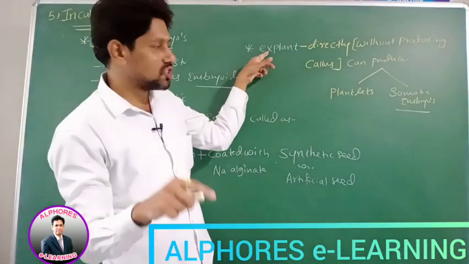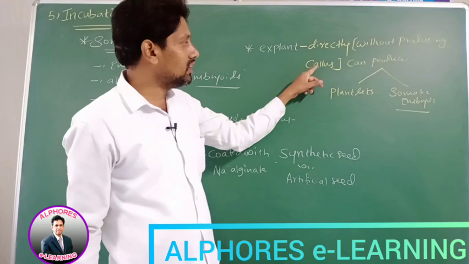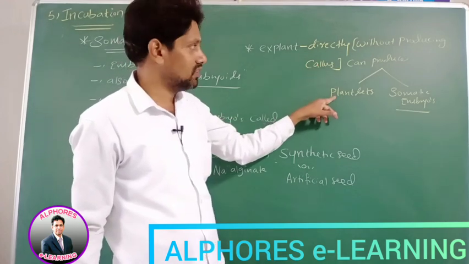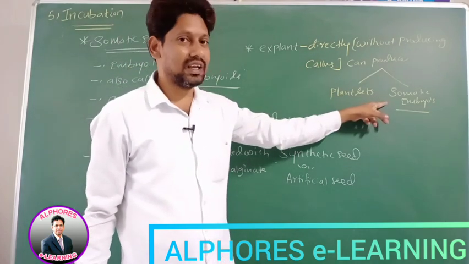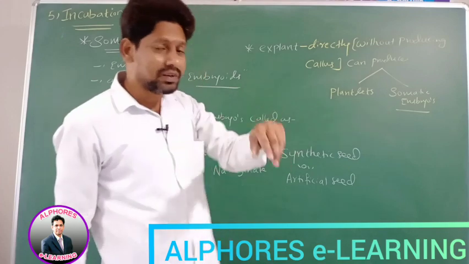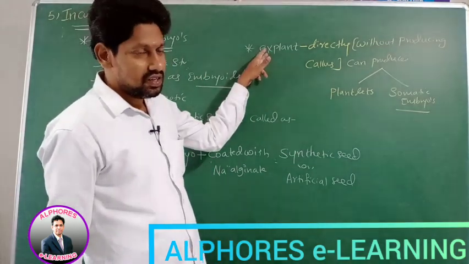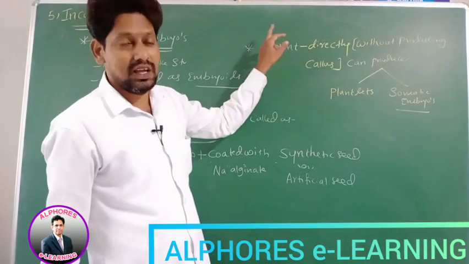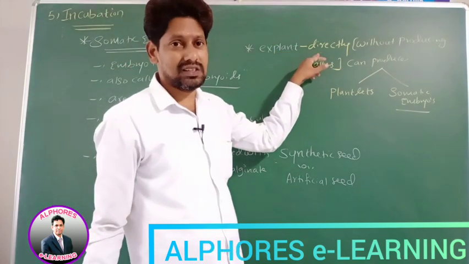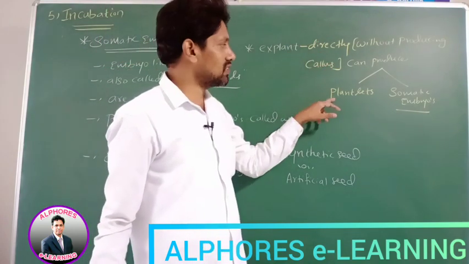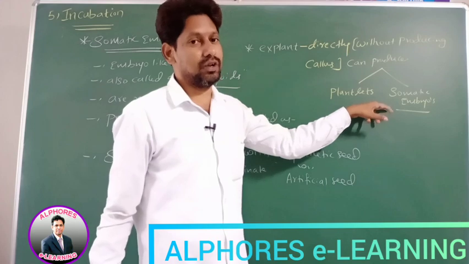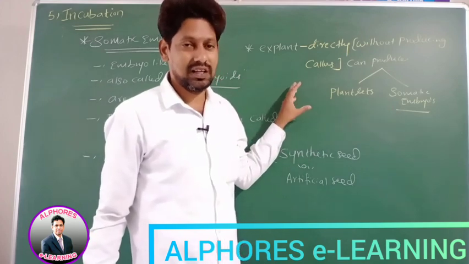Usually the explant first has to produce callus, and then that callus forms plantlets or produces somatic embryos. But in some cases the explant, without producing callus, directly produces either plantlets or somatic embryos. Is this statement clear?